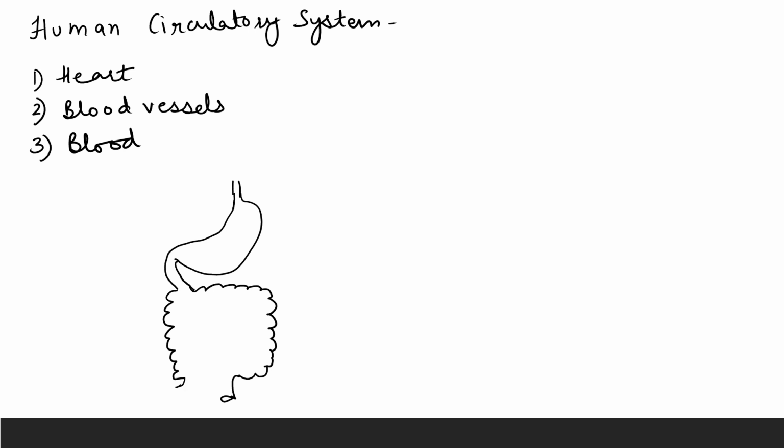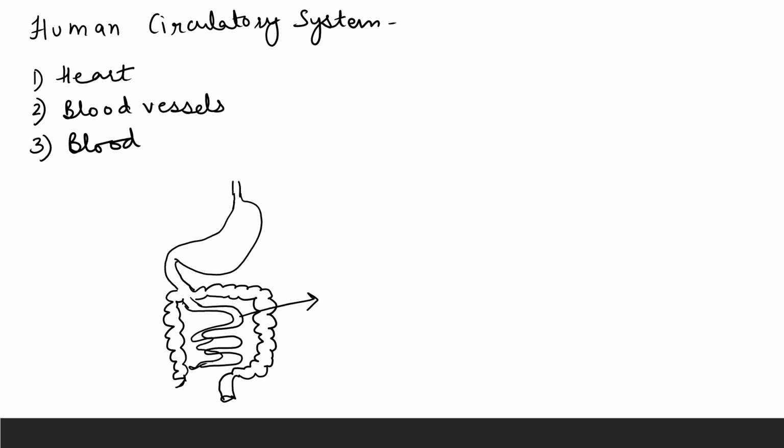Not a very good diagram, but just to make you guys understand. All right, and now I'm going to draw the small intestine. So this is a small intestine. So this is our digestive system. So after digestion process, whatever things will be released by this will go directly into the blood. So this is about the digestive system.